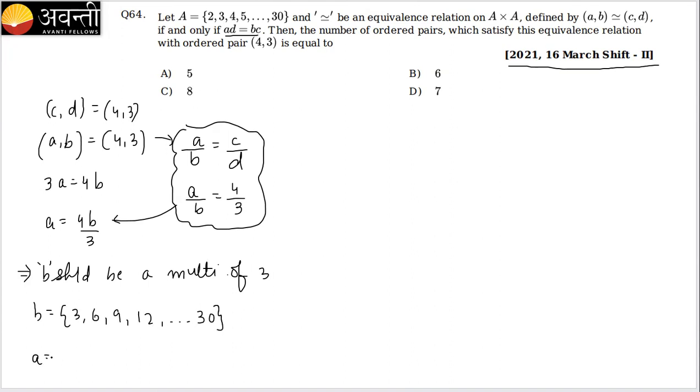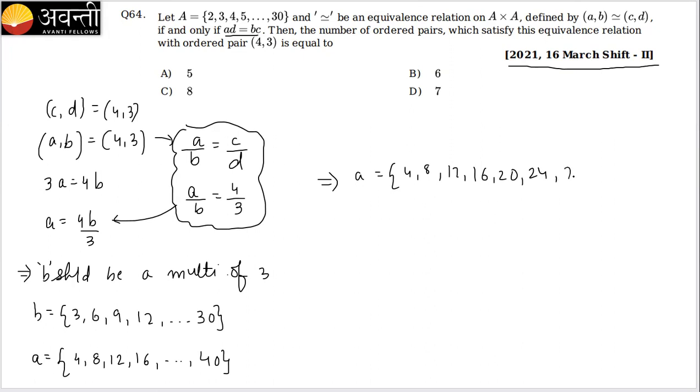Now, if we substitute 3 here, A will be 4. If we substitute 6 here, A will be 8, and we will get the multiples of 4. This will go to 40, but as you can see, here A is from 2 to 30 only. That means A can only be 4, 8, 12, 16, 20, 24 and 28.